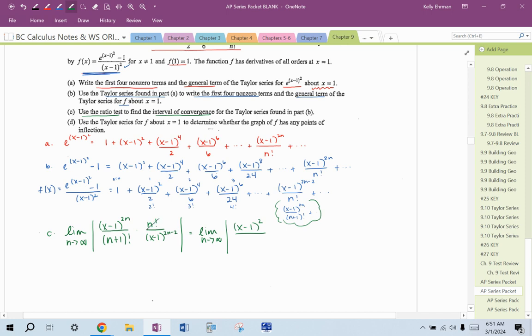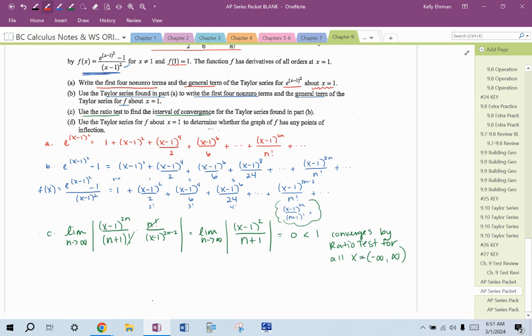And the n factorial cancels with the n plus 1 factorial to just leave us with n plus 1. And when we take that limit, we get 0, which is always less than 1. So this series converges to f of x by the ratio test for all x on the interval negative infinity to infinity.